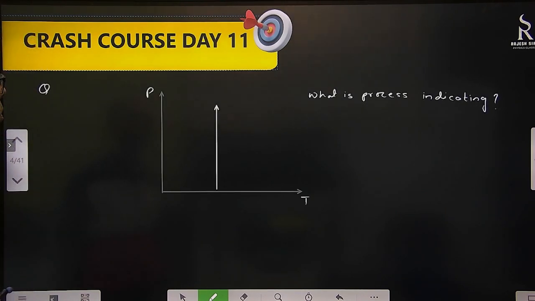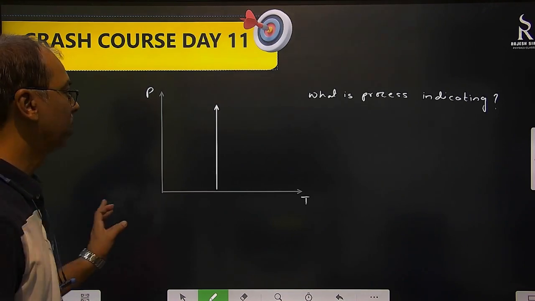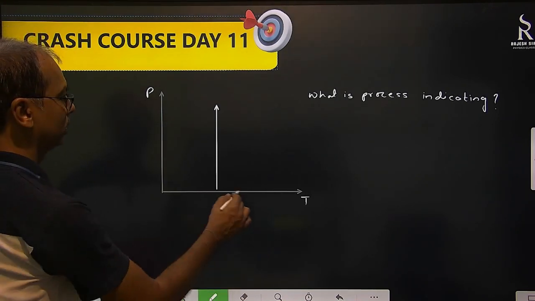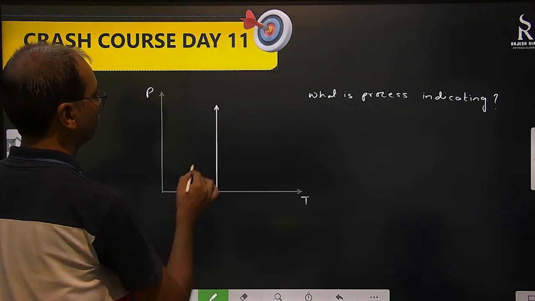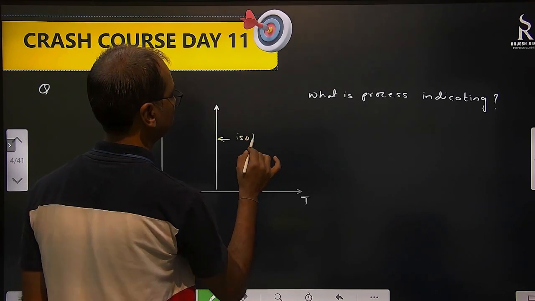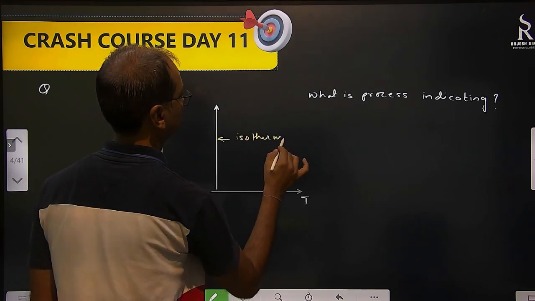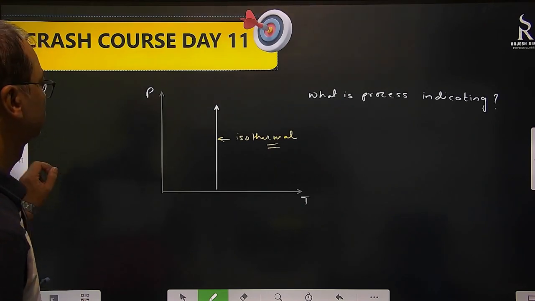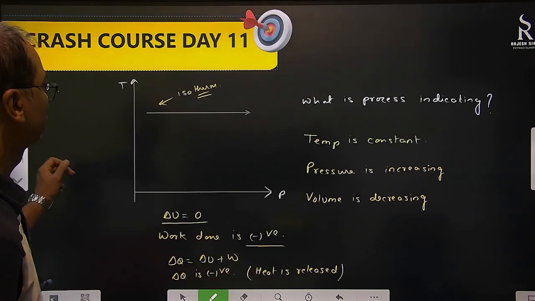Previous was TP graph. This is PT graph. And this is also the same, temperature is here now, and this is a straight line. So again, this is isothermal. What is the difference? The same process. See, previous one was what?